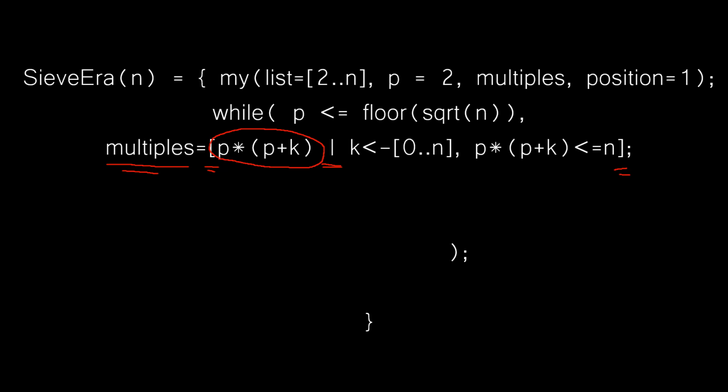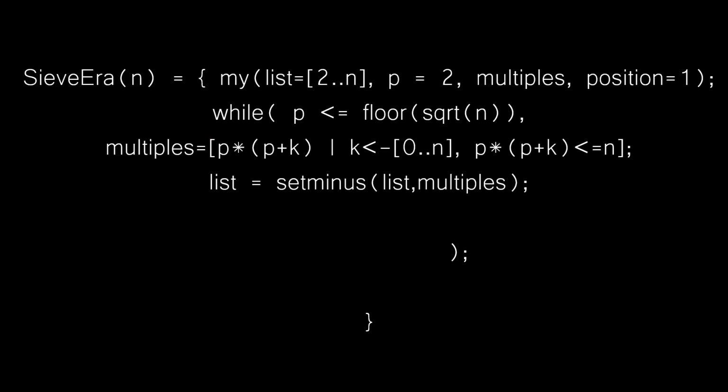So this is multiplication. I want the list of all these elements. K here starts at 0 and ends at n. You can probably do better than n, but I'm just going to leave it there. And we're going to make sure that these multiples are less than or equal to n. We don't want to go above n. So that will give us all the multiples of p starting at p squared.